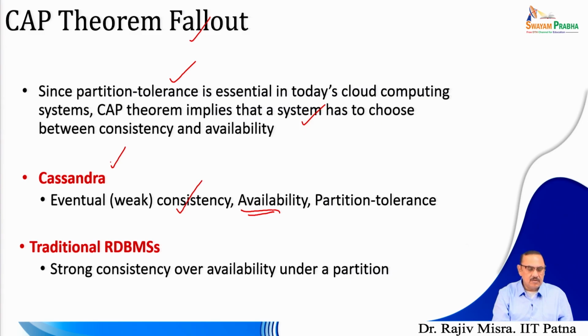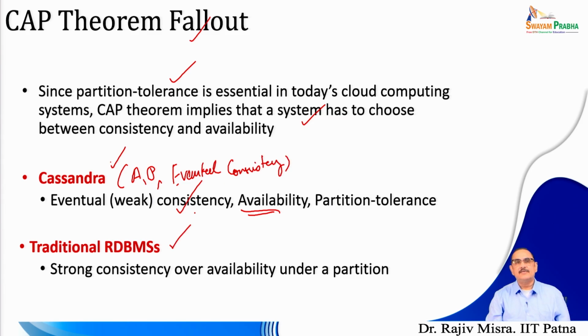So, out of the three in CAP, Cassandra chooses availability and partition tolerance, where C is called eventual consistency. Now, traditional databases have strong consistency over availability under the partition.